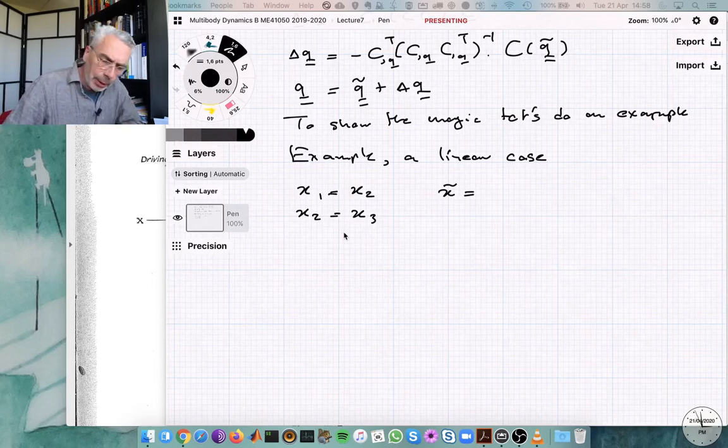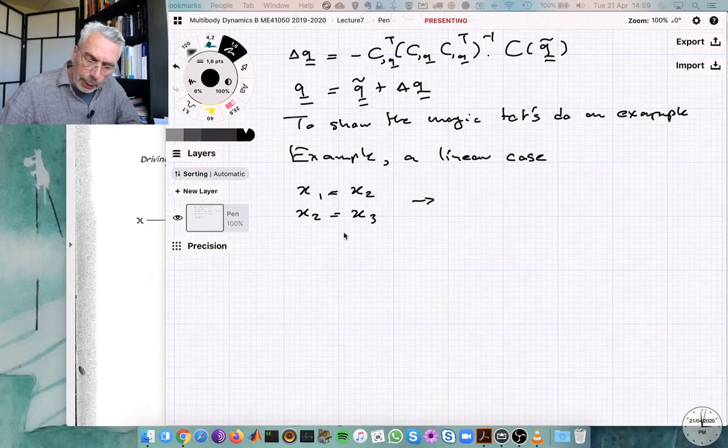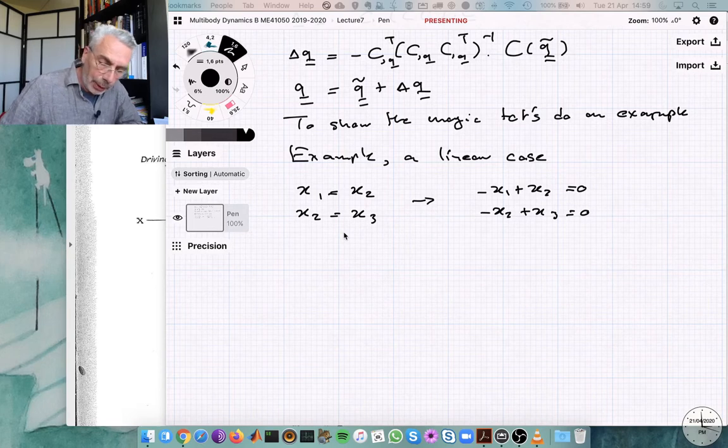Maybe I should do that. So in a constraint form we get, well, you have to make a choice now. Minus x1 plus x2 is 0. That's the first constraint. And then the second constraint is minus x2 plus x3 is 0. So this is the constraint form.